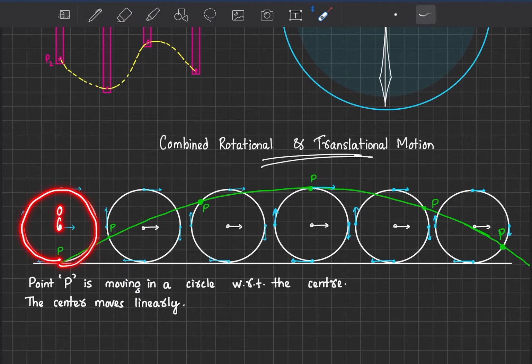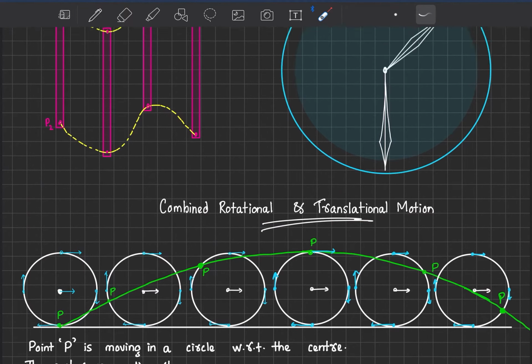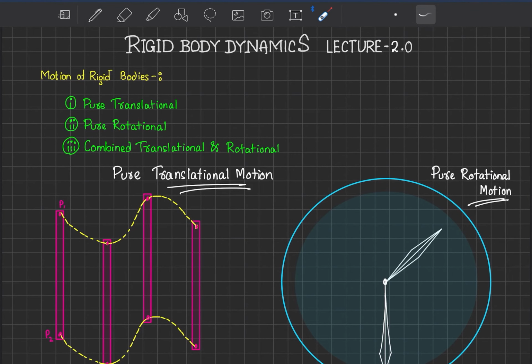So if you are sitting here and observing point P, then we will say this is in rotational motion. But if you are looking at it from outside, then this point also moves in a straight line in forward direction, right, along with the wheel. So in that case, this kind of motion of the wheel here will be combined rotational and translational motion, right. So these are the three types of motion that a rigid body can undergo.